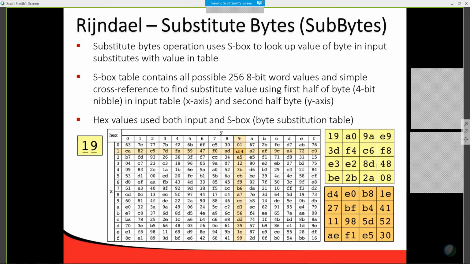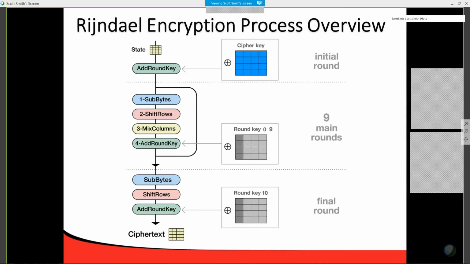And then 9A, which is hard to follow, B8, right? You get the idea? So that's not a difficult operation, is it? As long as you know what that S box is, that substitution table, it's a very simple operation. And that is the substitute bytes. That's number 1 there, okay?